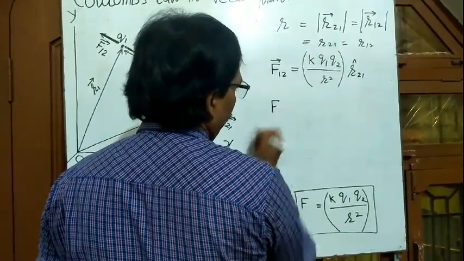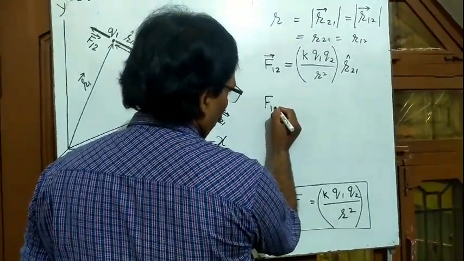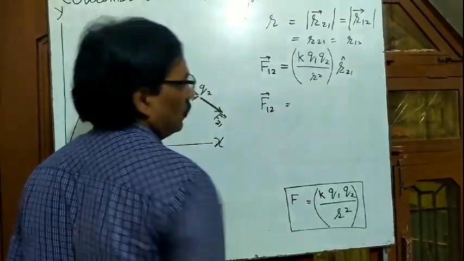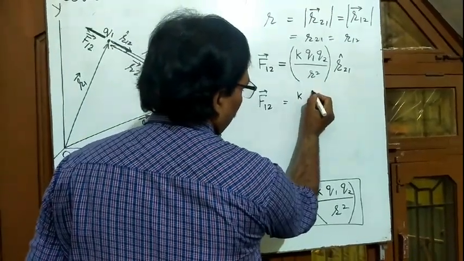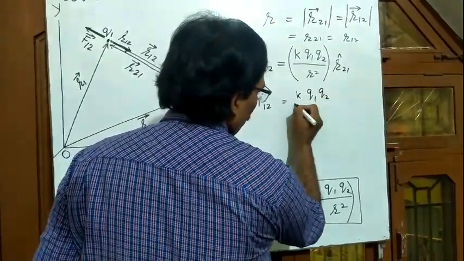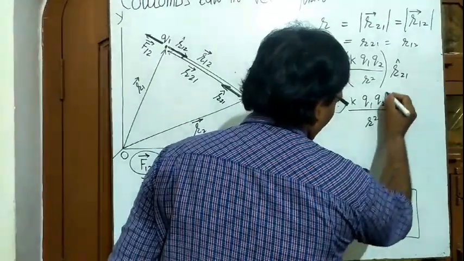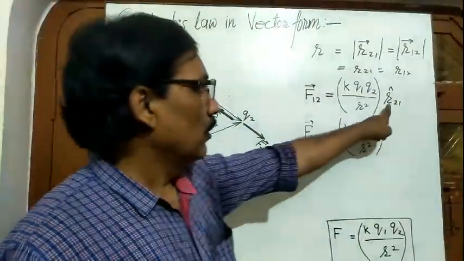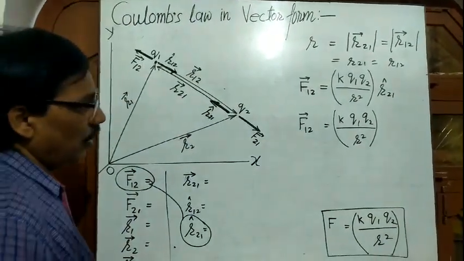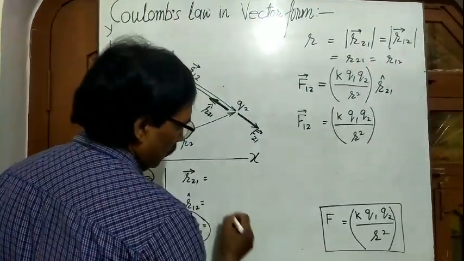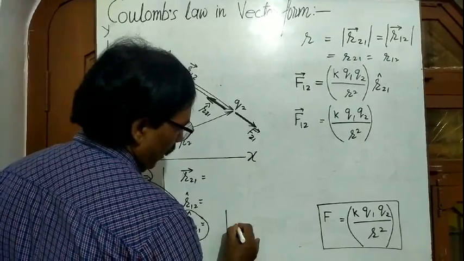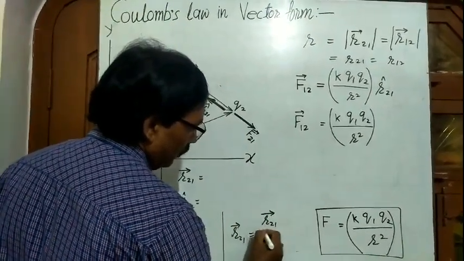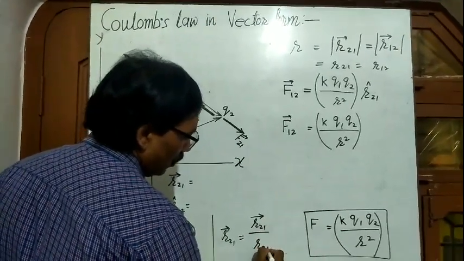You can also write its value in terms of R here. F12 is equal to K Q1 Q2 by R square. This is the magnitude. And the unit vector R21 cap is nothing but vector R21 divided by its magnitude.